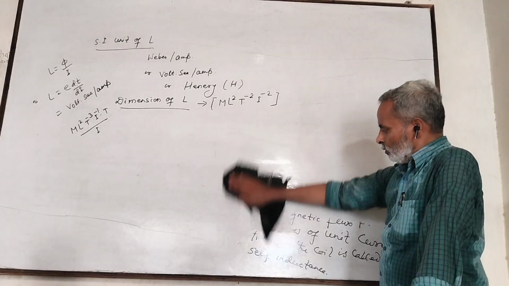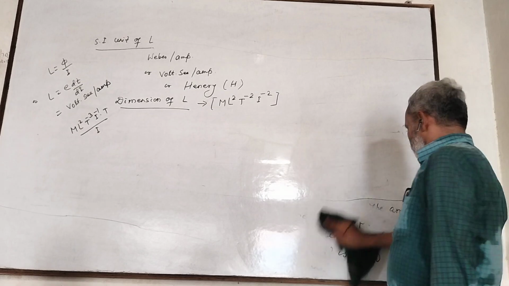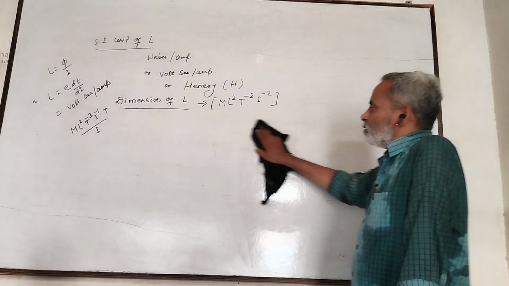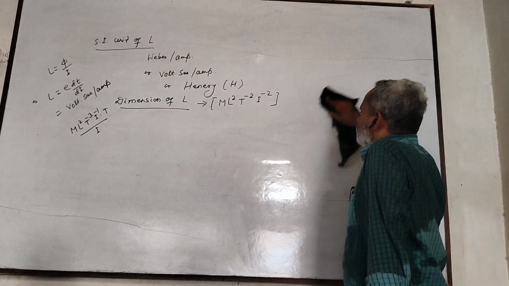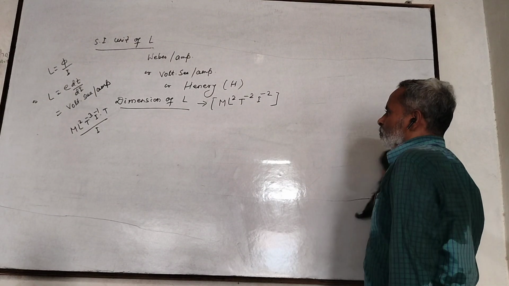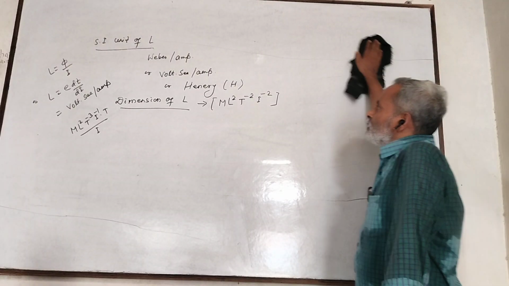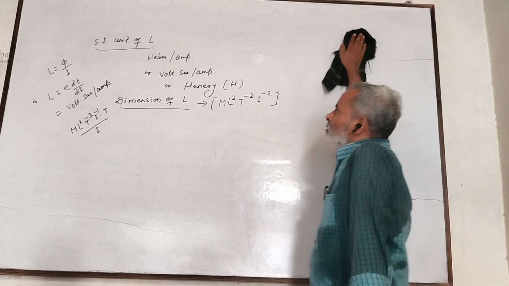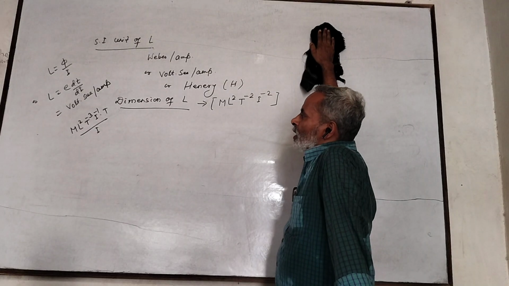The EMF produced in a coil due to flow of current in its nearby coil or neighboring coil is called mutual induction.